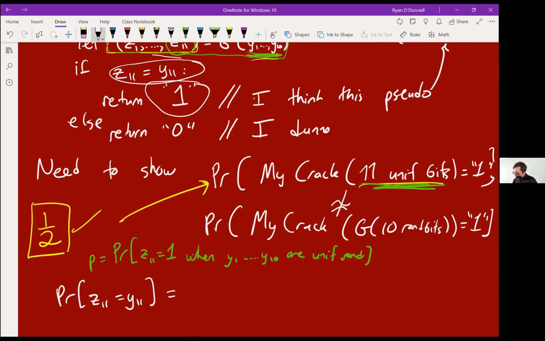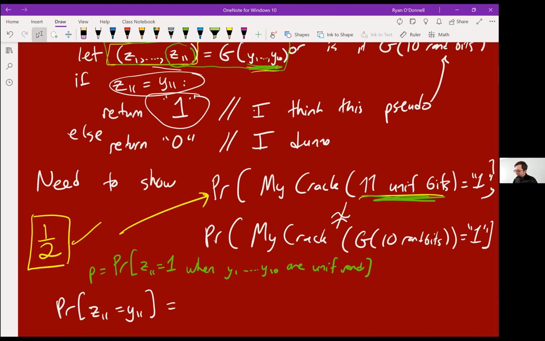First you need to ask whether Z11 and Y11 are dependent or independent. I guess they're independent, right? Yes, because Z11 came from plugging G into Y1 through Y10, but we're hypothesizing that Y1 through Y11 are 11 independent random bits, so Y11 is independent of Z11.